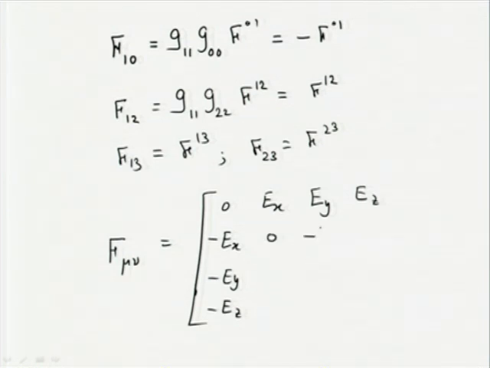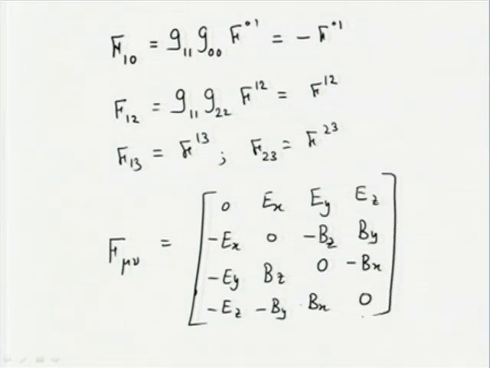For the off-diagonal elements corresponding to the magnetic field, there is no change in sign compared to the contravariant case. So, it is Bx, minus Bz, By, plus Bz in the third row, minus By in the fourth row, 0 on the diagonal, plus Bx here, minus Bx here, and a 0 in the diagonal term.